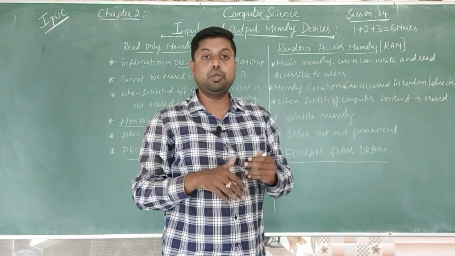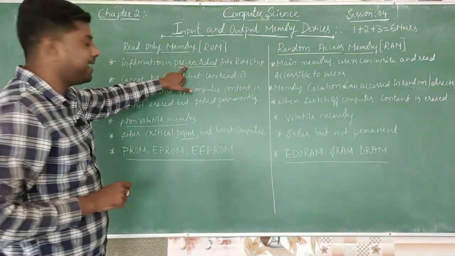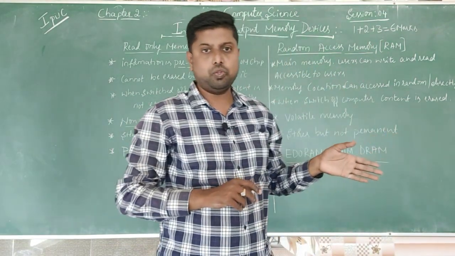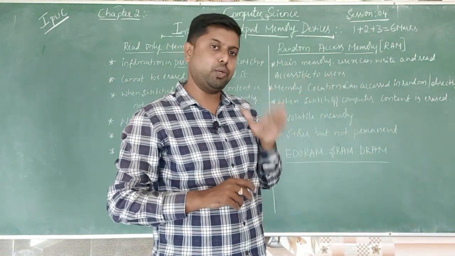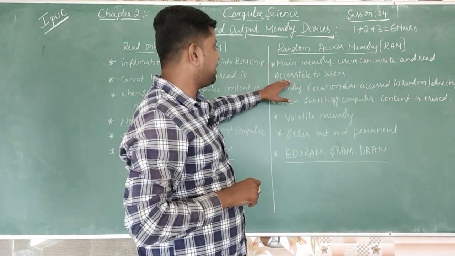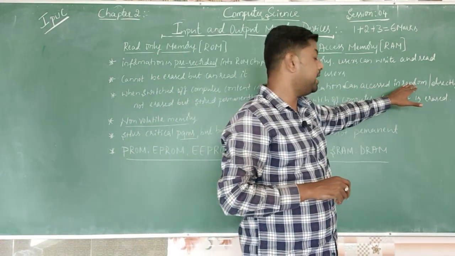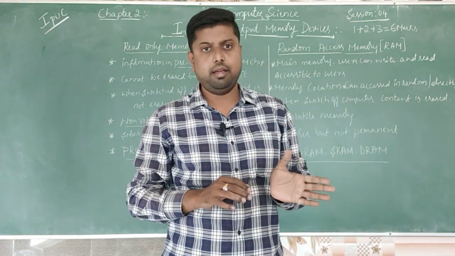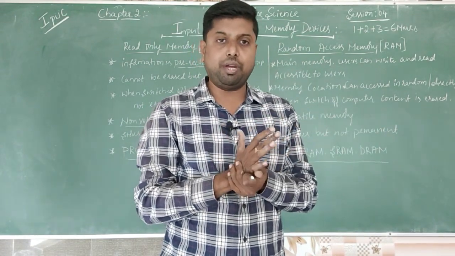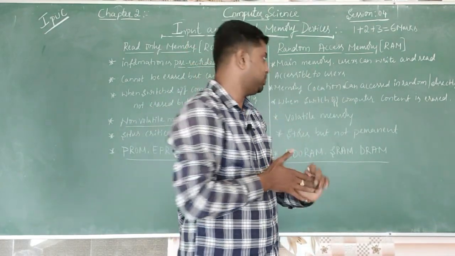In ROM it is pre-recorded, but here no. Users have a chance to write on it, so it supports users to write the data as well as read the data. Memory locations can be accessed randomly or directly, both methods.